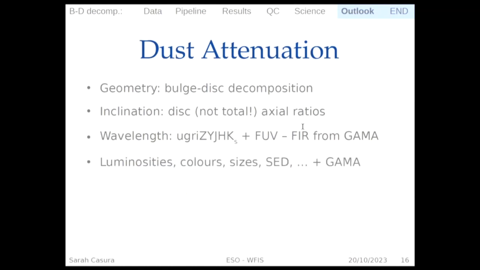Right. And so we can study measurements of luminosities, color, sizes, the SED, structural parameters, concentration, shape, whatever, plus all the ancillary measurements in GAMA, like the environmental metrics and stellar masses and whatever.